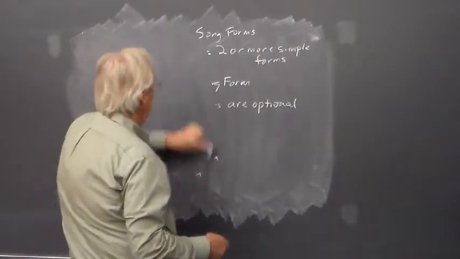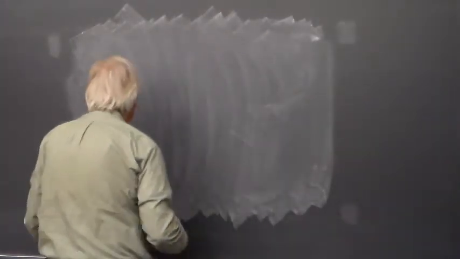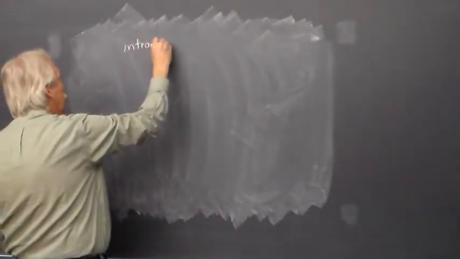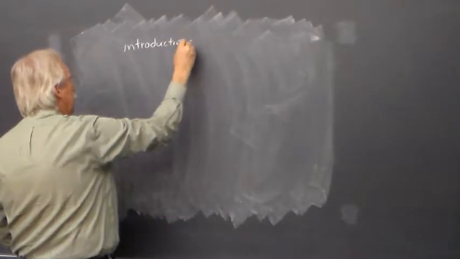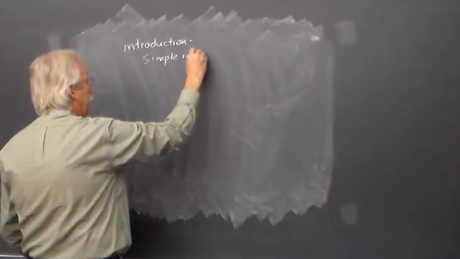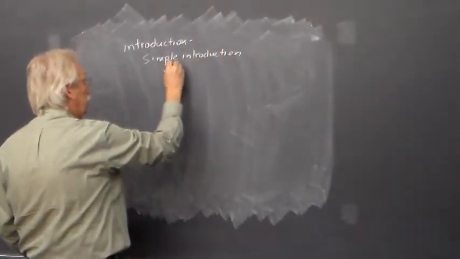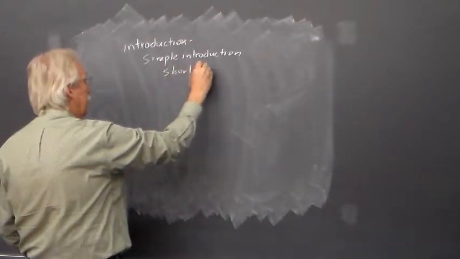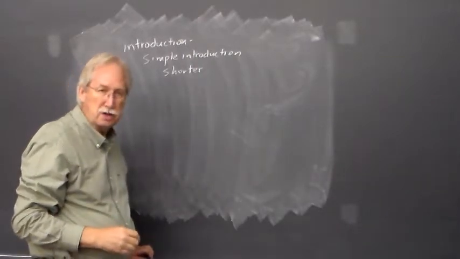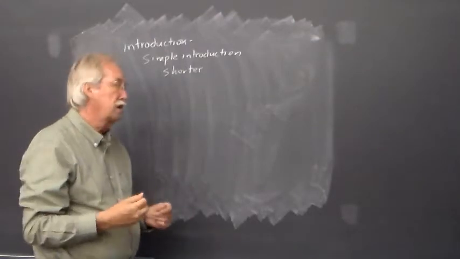With an introduction, you basically have two types. You have a simple introduction, which is shorter. It will either establish an accompaniment pattern or the tonality, the key of the work.